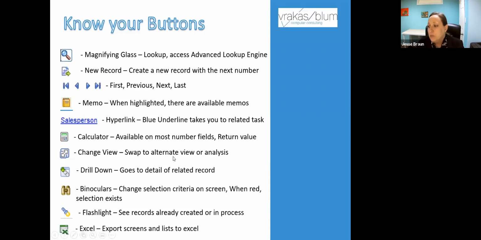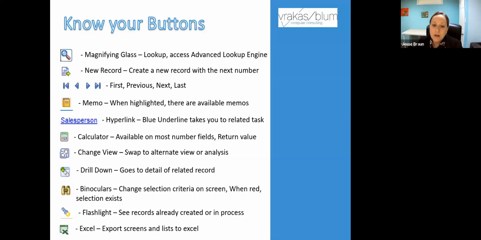We've got our change view button. And I'll actually show this one to you on the next slide, the next topic that we're going to look at. But this allows you to swap to an alternate view or an alternate analysis. So you might see this, I'm going to go back to the customer record or an item record.